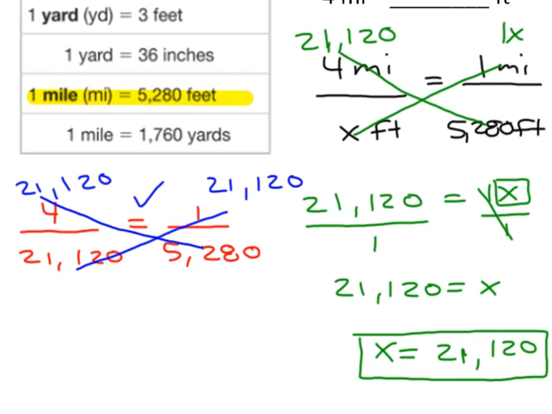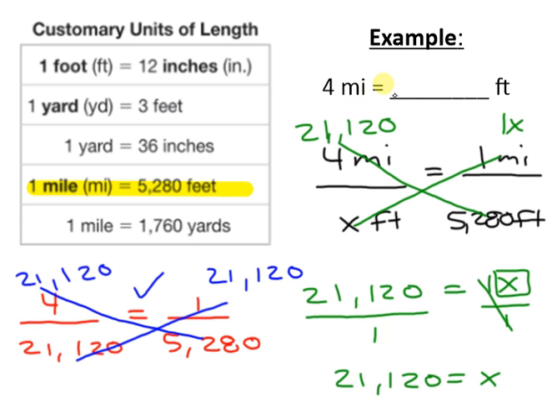So that proportion works out. Our answer is 4 miles equals 21,120 feet.